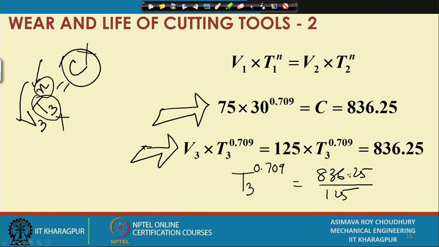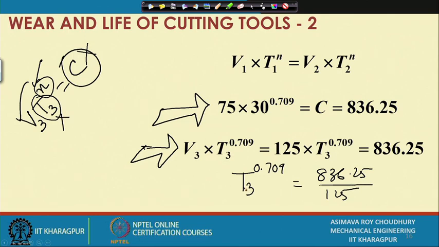That means it will be 0.709 log T 3 is equal to log of this value. And therefore, I can send 0.709 to this side and then take anti-log and solve for T 3.